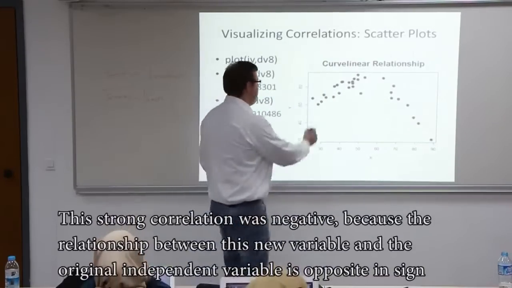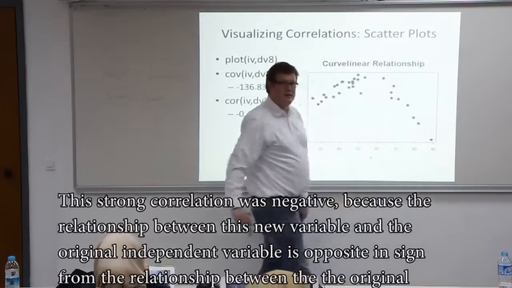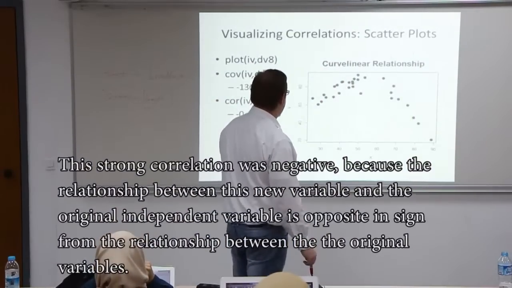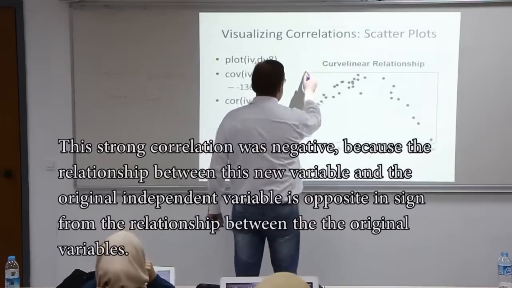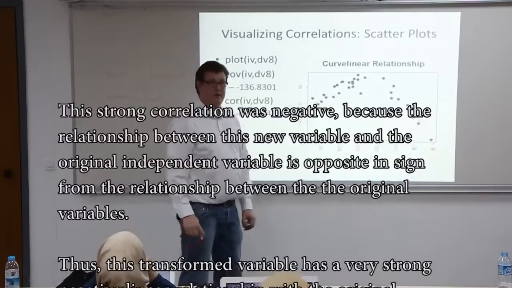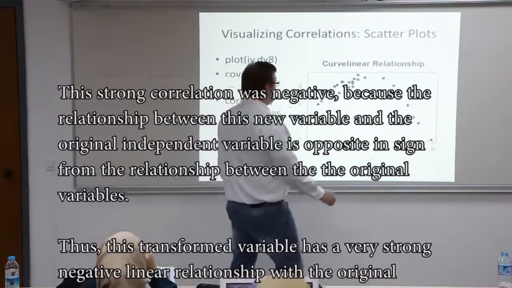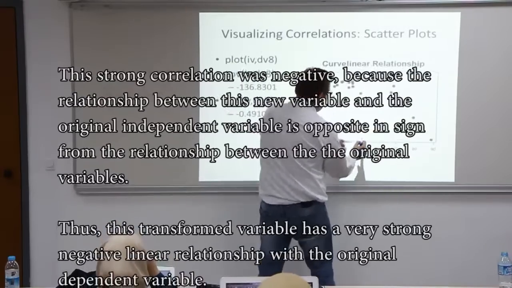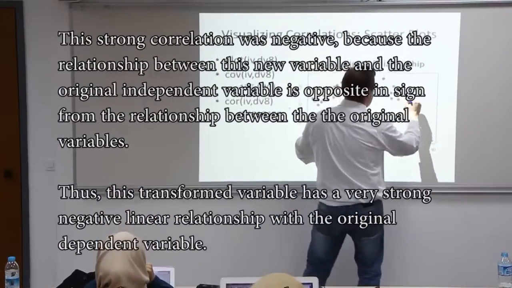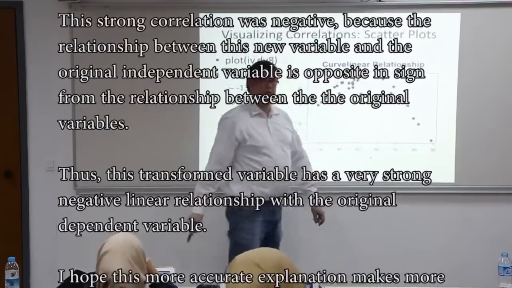But the x squared goes like this, right? So what's the relationship? As this is going down, this is going up. As this is going up, here it's going up a little. Here it's going down a little. Here it's going up a lot. Here it's going down a lot, right?